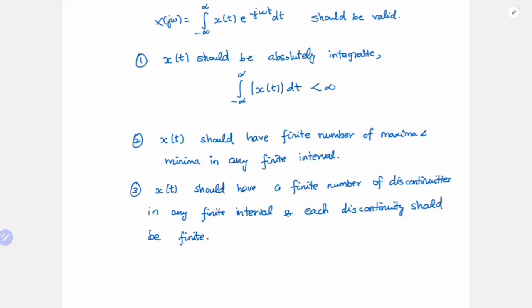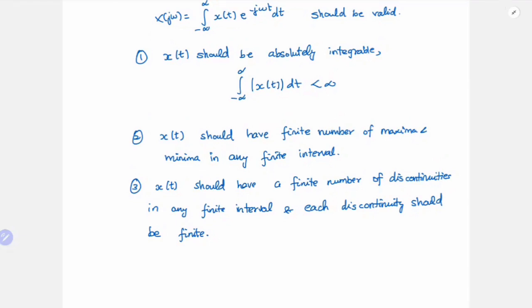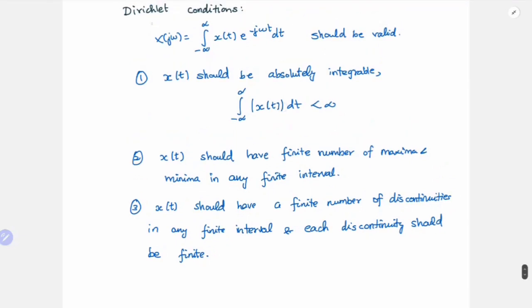However, you can say the impulse is not finite, but since this integral is valid for the impulse function, it still exists. The Fourier transform still exists. So these are the sufficient conditions.